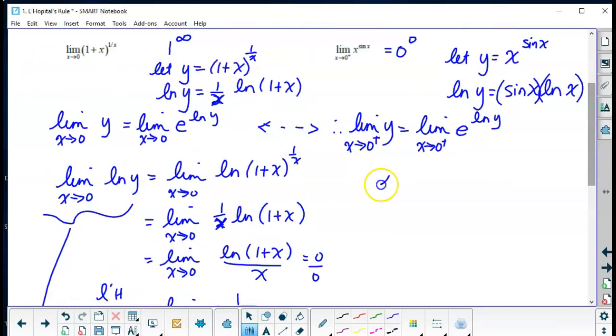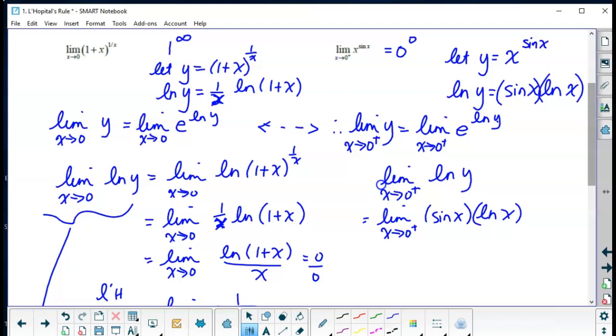All right. We want to find the limit as x approaches 0 from the right of that ln y. Okay. So then what is ln y equal to? From back up here, ln y is equal to sine x ln x.